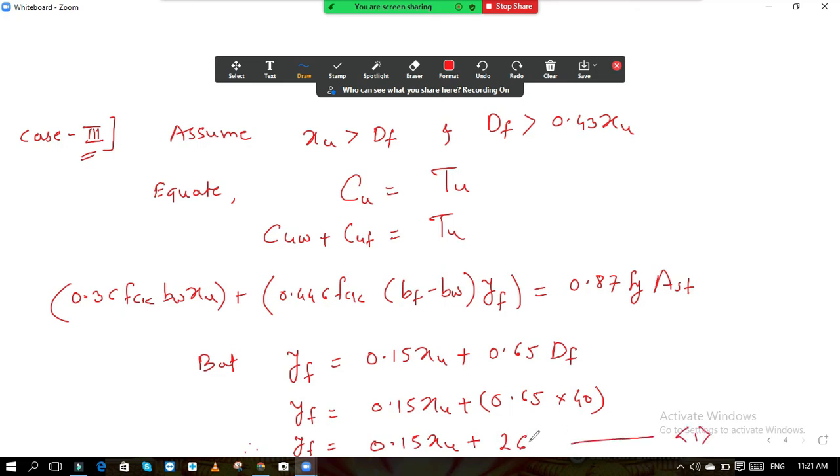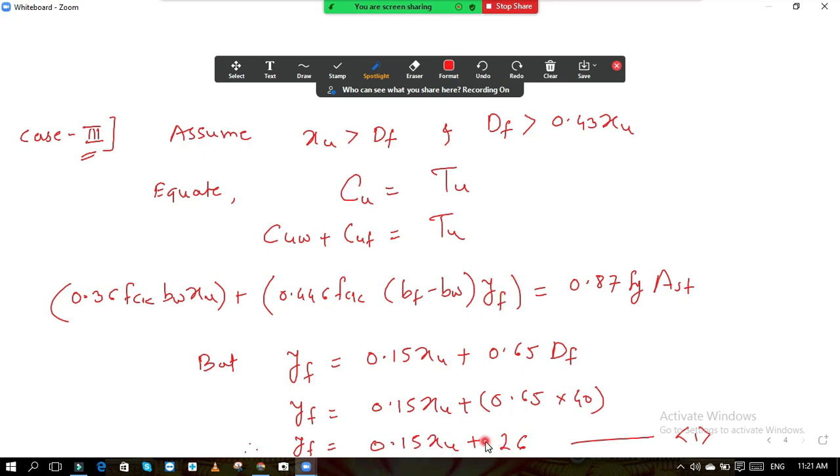Now put this value of YF in the above equation, so that you will get only one unknown in terms of XU. This is the value of YF because we are dealing with case number 3, so we have to replace DF by YF. That is why we have calculated this YF.